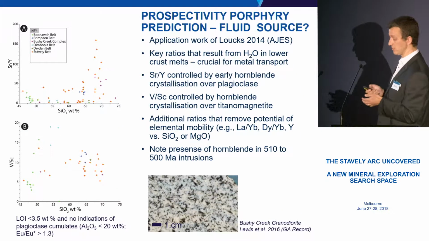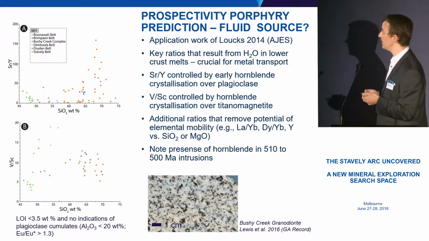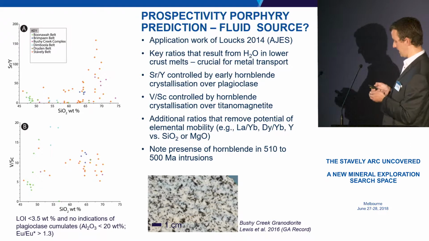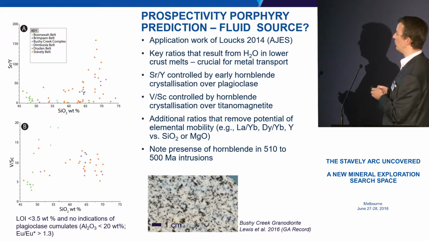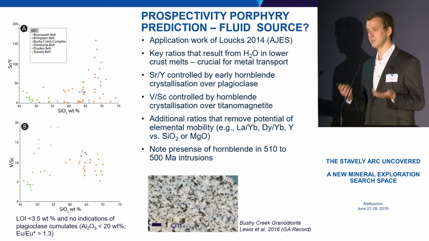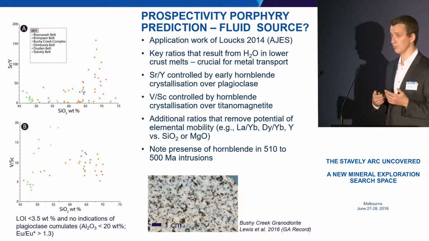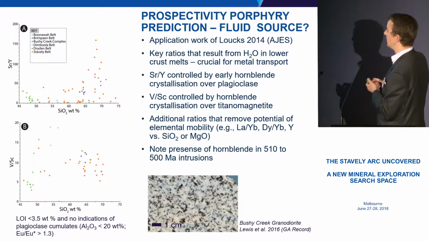Just looking at large-scale prospectivity, this is based on the work of Loucks. We looked at proxies for hornblende crystallisation in magmas, and you want hornblende crystallisation because obviously that means you've got a wet magma, and wet magmas have a lot of liquid that allow you to transport metals into ore deposits.